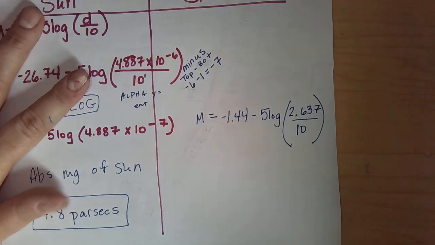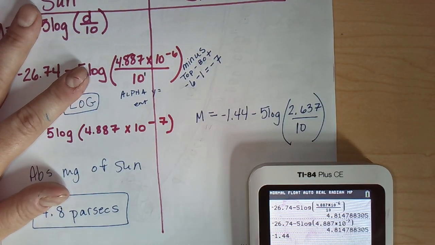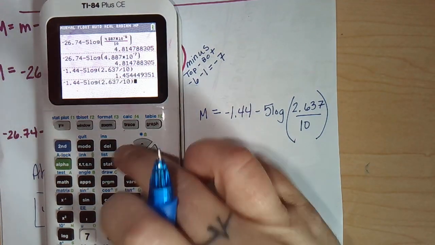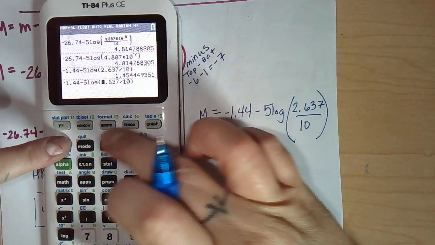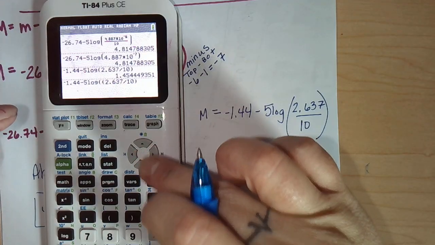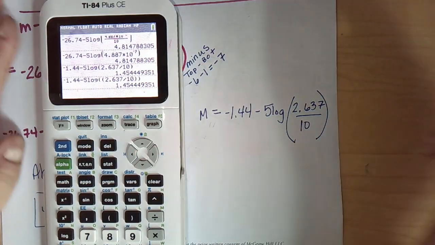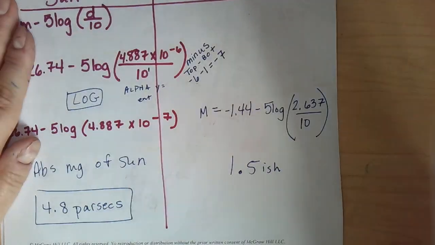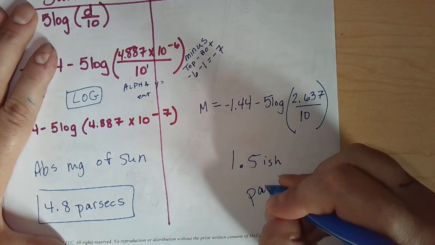All right, let's throw it in. Let me try one thing just to make sure it doesn't change anything. No. Okay, yeah. In this one, I got 1 point, I don't know, 5-ish. You'll have to check your homework for what they want you to round to. Parsecs.